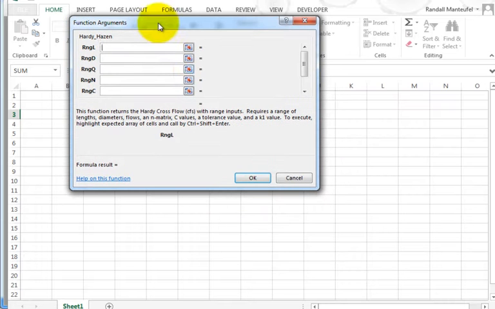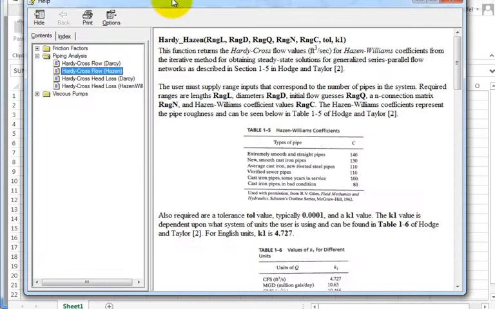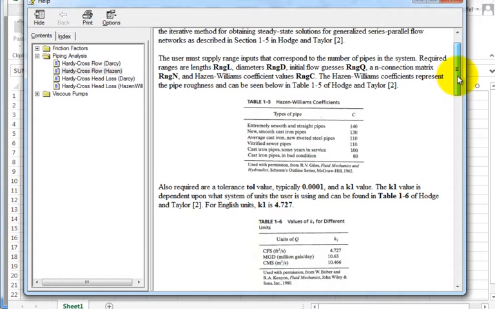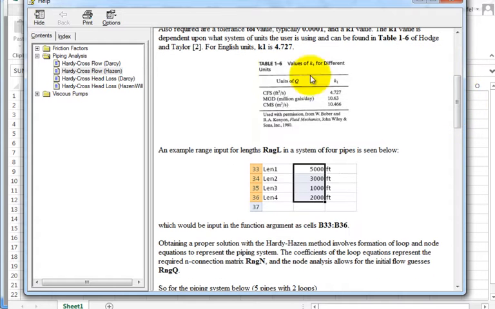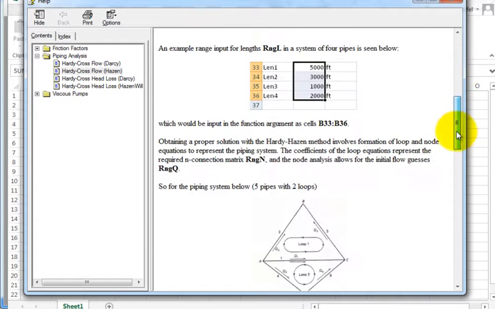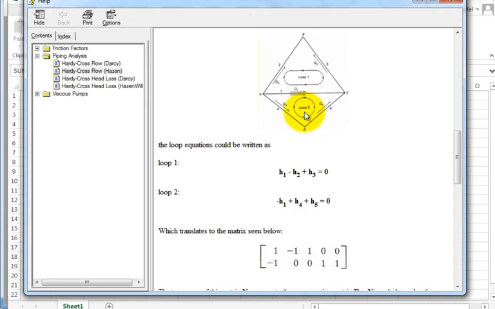What I thought was neat was that not only are there a lot of inputs, but there's help on this function. And they have the Hardy Cross, Hazen, and then describe. And where did that Table 1-5 come out of? Straight out of our textbook. And then Table 1-6 straight out of the textbook. They have an example, and I think this is the example straight out of our textbook as well.